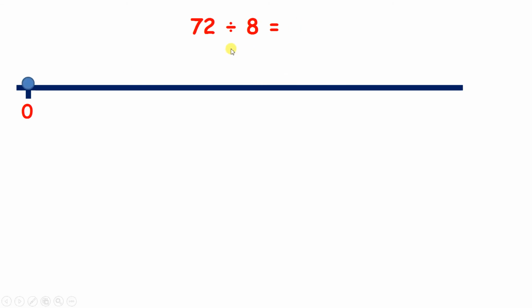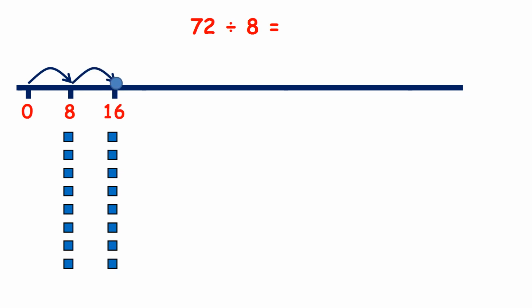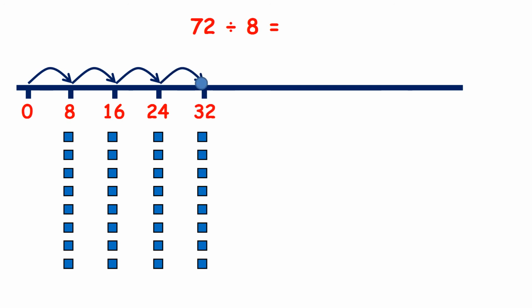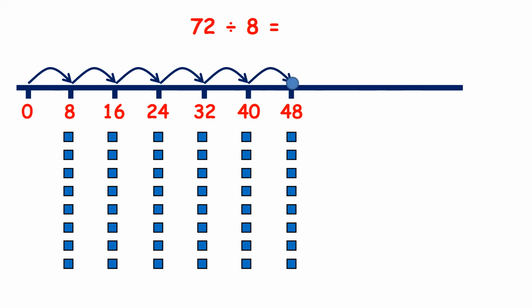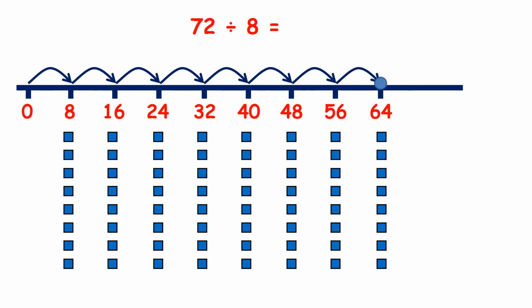Now pause the video if you need to and see if you can work out 72 divided by 8. So let's count 8, 16, 24, 32, 40, 48, 56, 64, 72.